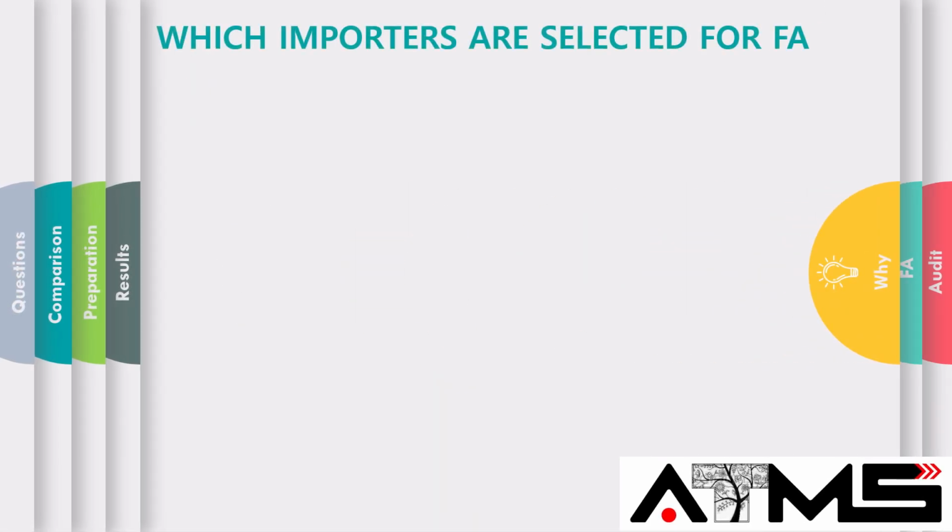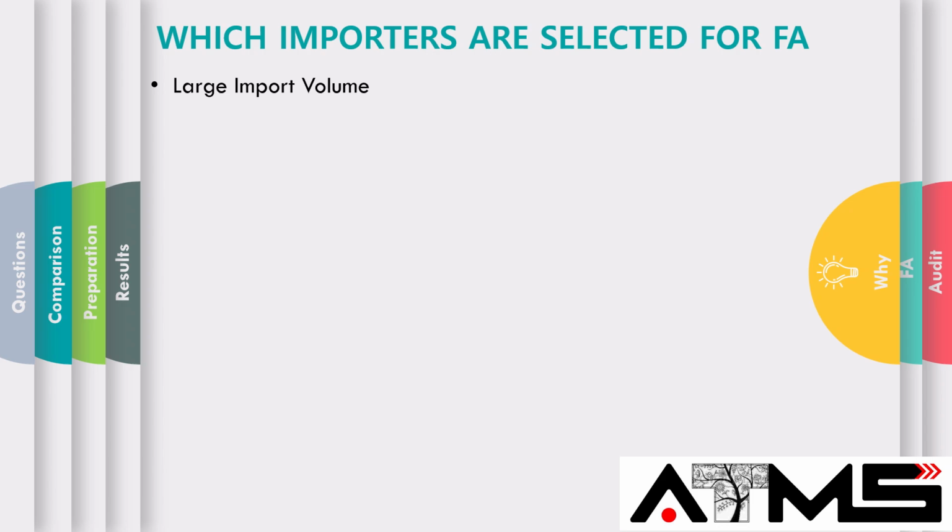Common characteristics of companies selected for focused assessment. The first, importers with large import volume. While there is no official threshold, importers with 1,000 plus entries per year, or those importing over $10 million annually are often considered high volume.